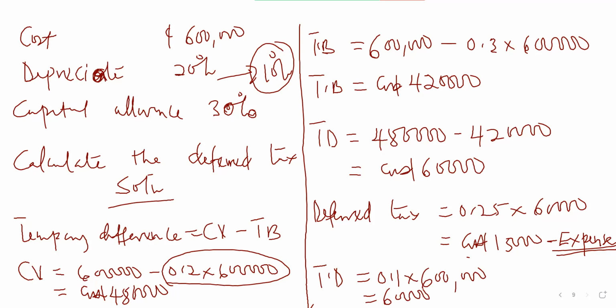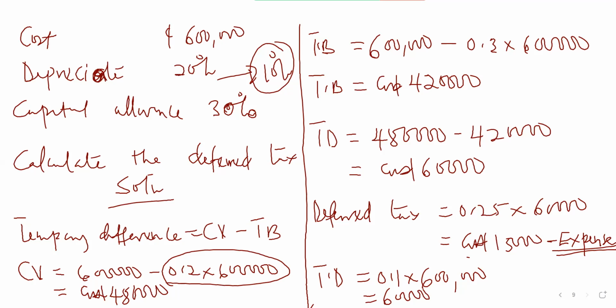In another way, if you find the depreciation and capital allowance, you will see that the capital allowance will be higher than the depreciation by 60,000. That is also another way of doing it. So you can calculate the depreciation and the capital allowance, then you will now find the difference. If the capital allowance is higher than the depreciation, that is a taxable temporary difference.